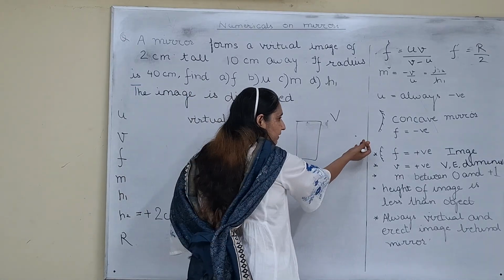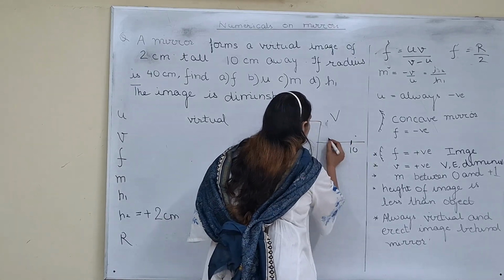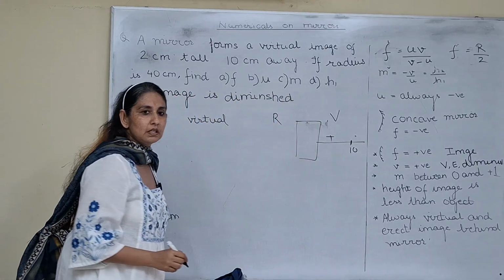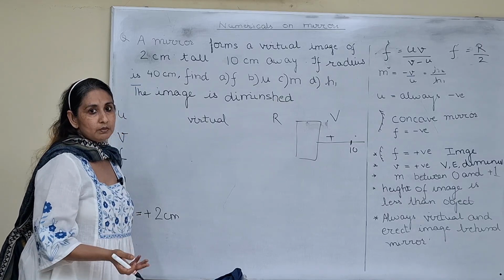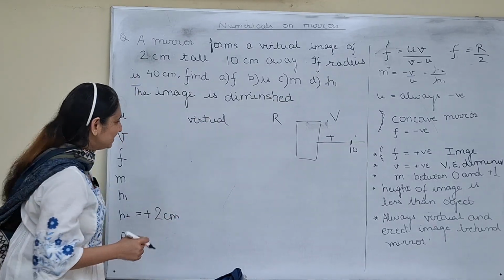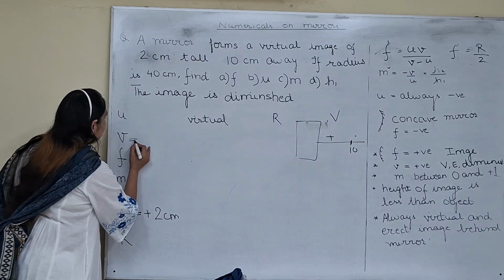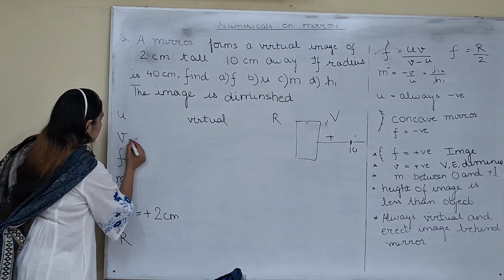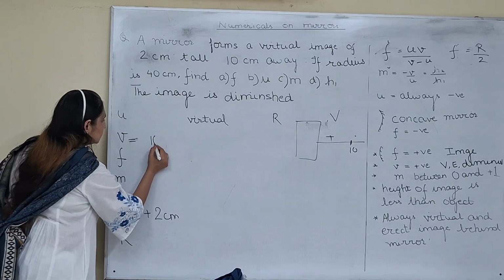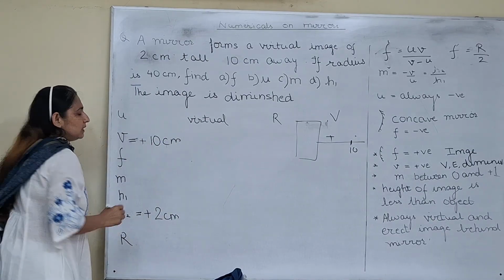That means the image is going to be on this side. When it is on this side, it is going to be positive. The image distance will have to be positive because it has to be virtual. Maybe you are understanding it. So the image is 10 centimeter away on that side, so I'll put a plus sign.